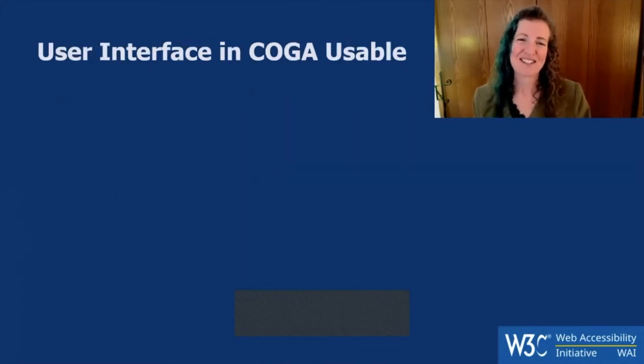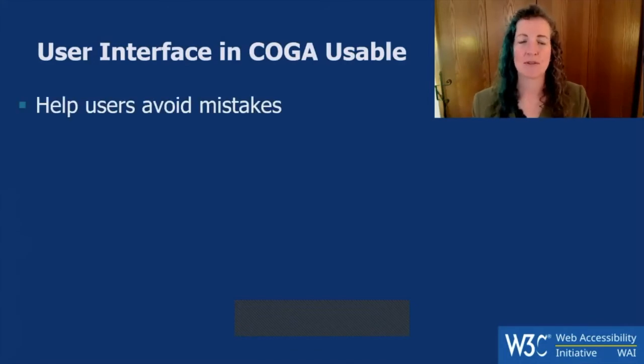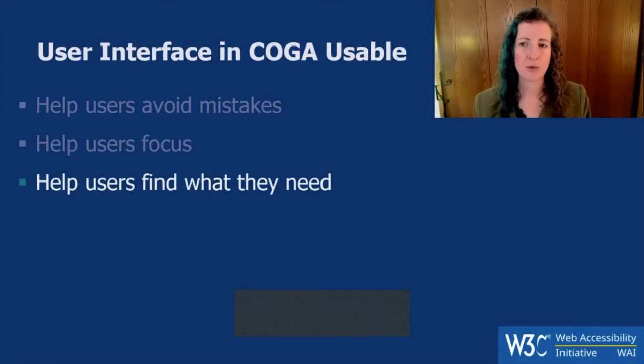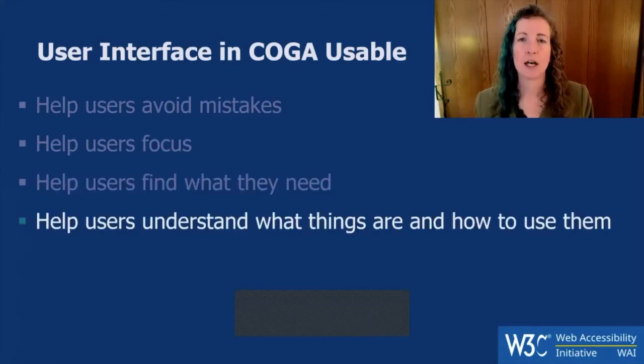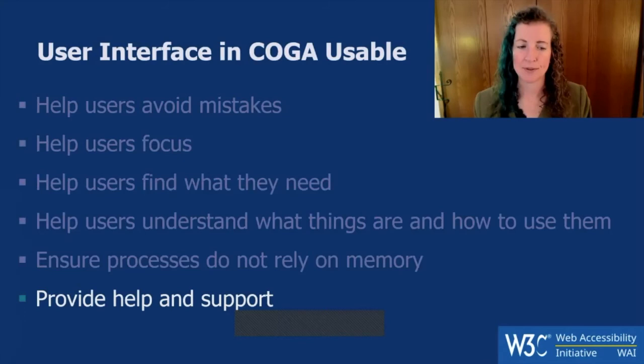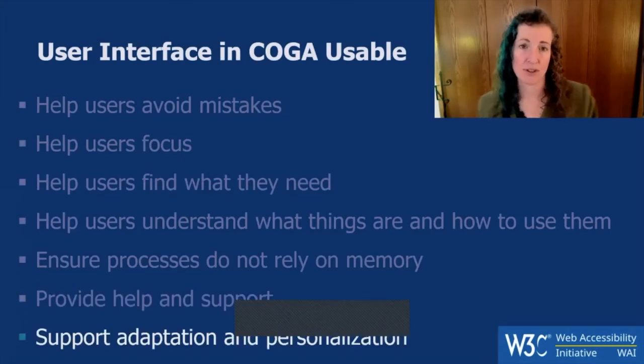It also has guidance on user interface accessibility for people with cognitive disabilities, including: help users avoid mistakes, help users focus, help users find what they need, help users understand what things are and how to use them, ensure processes do not rely on memory, provide help and support, and support adaptation and personalization.